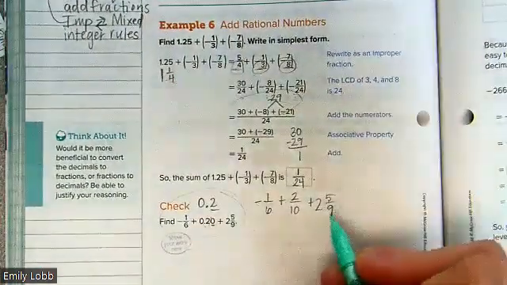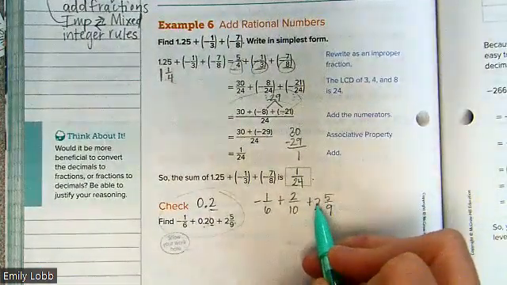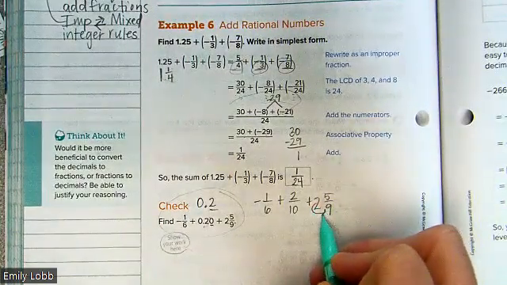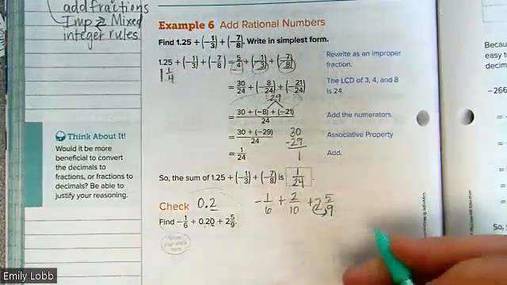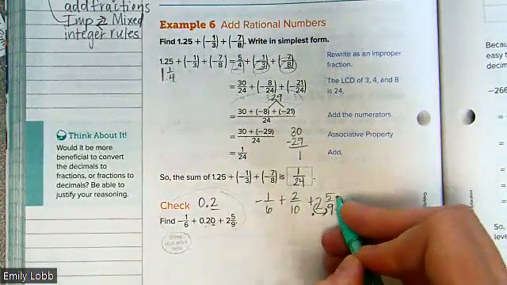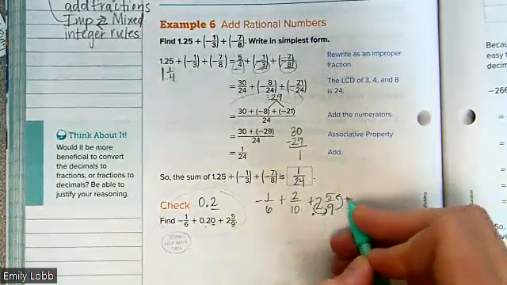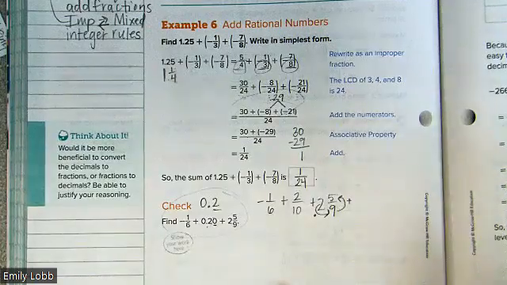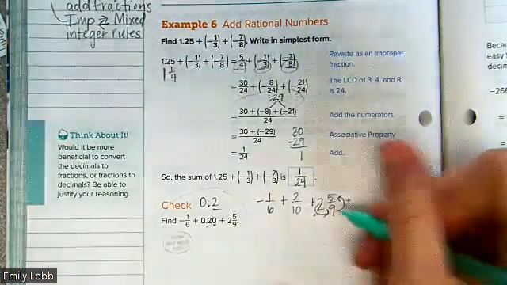So remember, mixed to improper means we're taking the whole number times the denominator. What's 2 times 9? 18. Plus 5. What's 18 plus 5? 23.